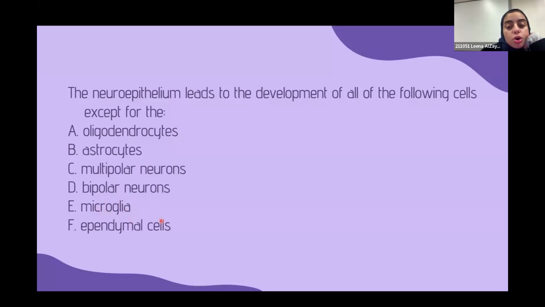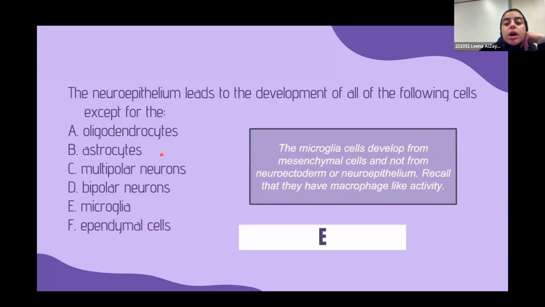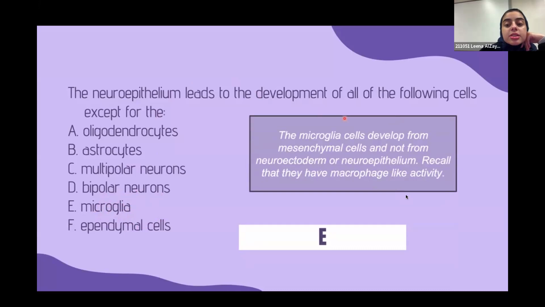Microglia. So let me explain why, because I'm sure you forgot this. It's okay, and that's why I'm doing this PAL session. So it's microglia, because microglia cells develop from the mesenchymal cells and not from neuroectoderm or neuroepithelium, and they are actually similar to macrophages. They're basically the housekeepers of the nervous system.